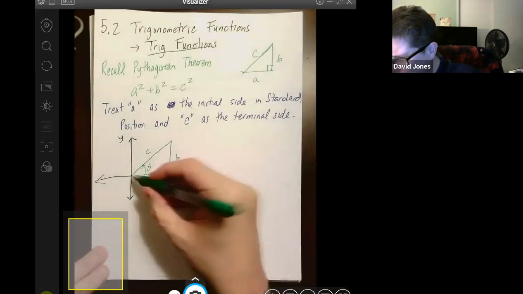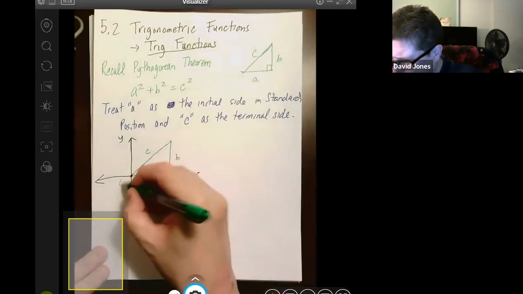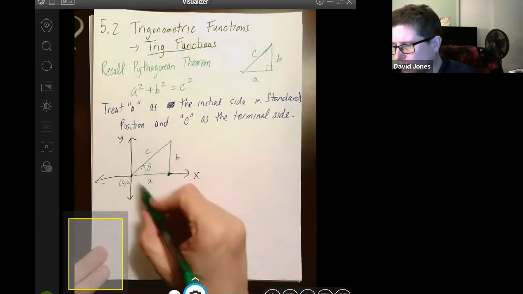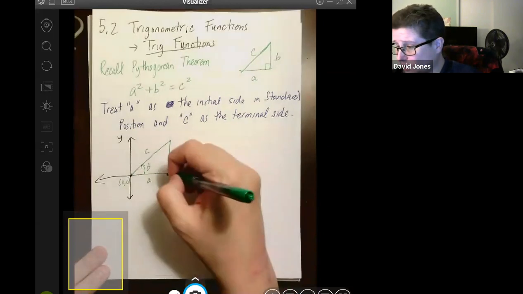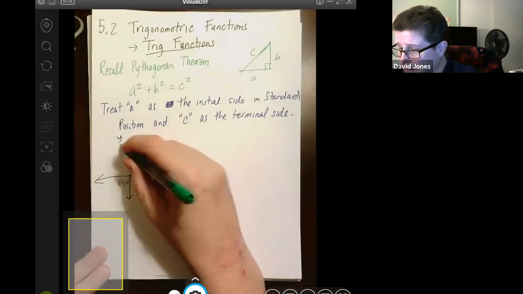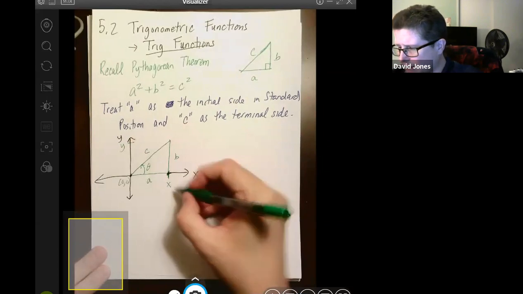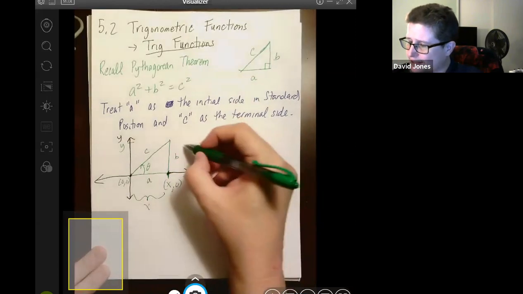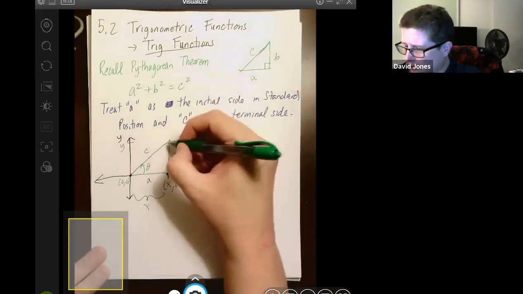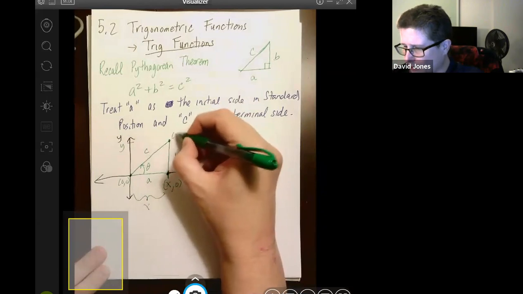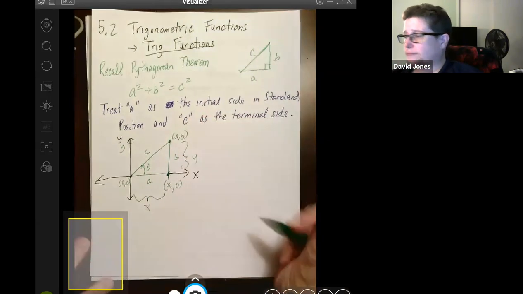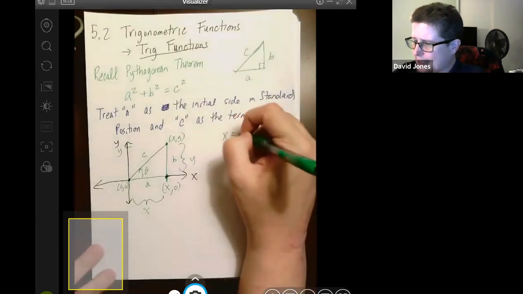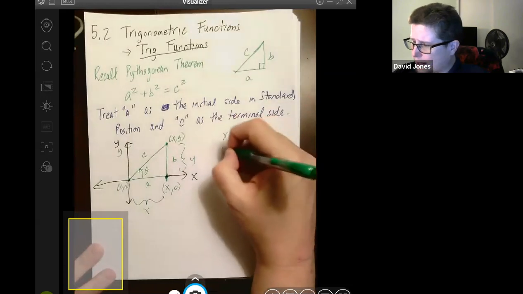Well, clearly, if we have this as 0, 0, this point here, whatever that length is, let's call it x. That point is x comma 0 if this length is x. If this length is y, this point is x comma y. So we have x equals a, y equals b.